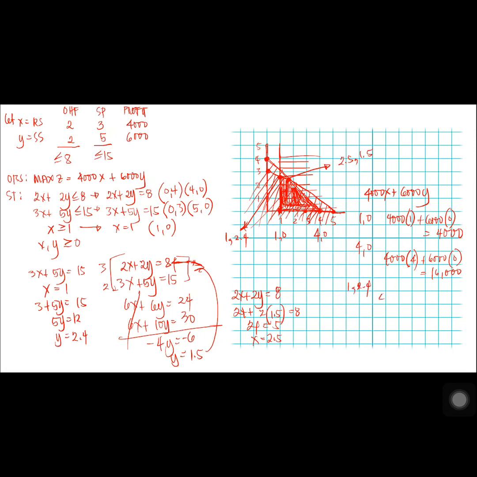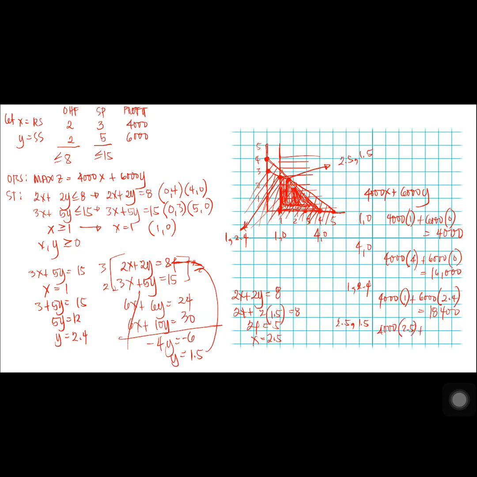Then we have 1 and 2.4. That's 4,000 times 1 plus 6,000 times 2.4. 6,000 times 2.4 is 14,400, plus 4,000, it's equal to 18,400.